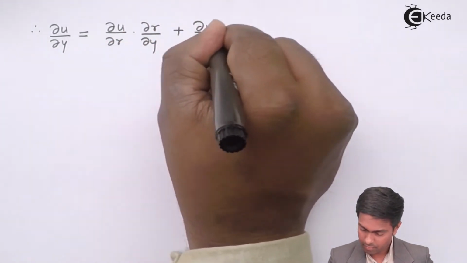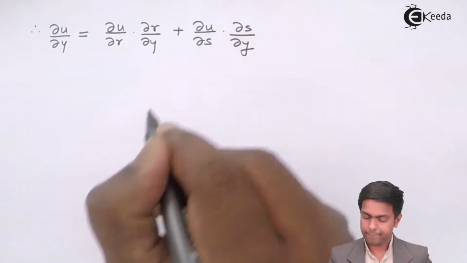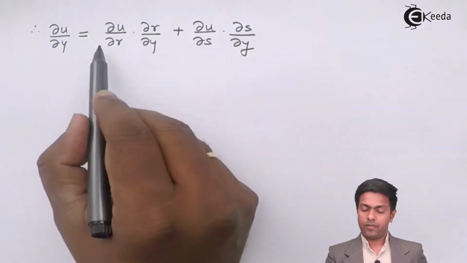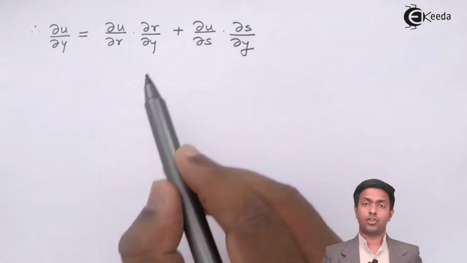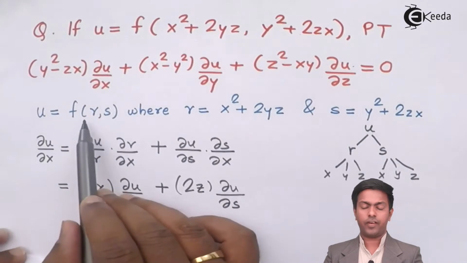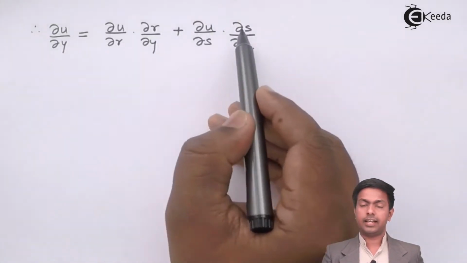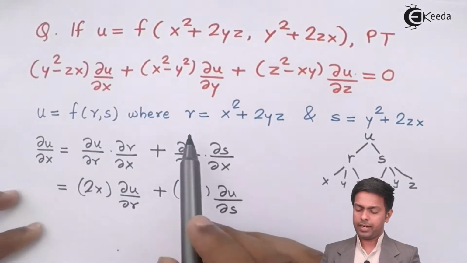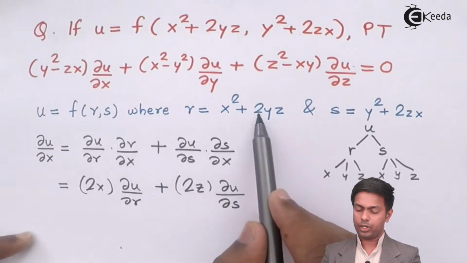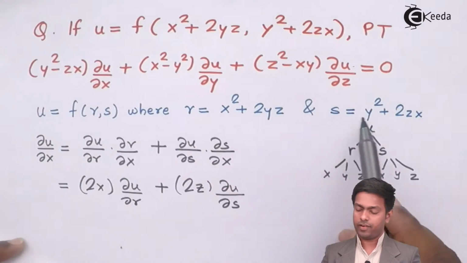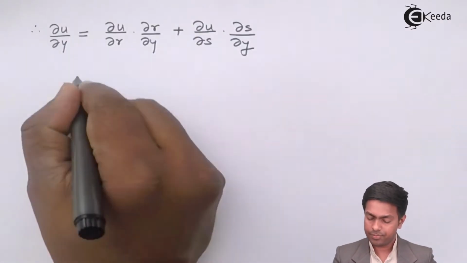Now let's find the values. The values of del u by del r and del u by del s are not possible because u is not defined. We'll find del r by del y and del s by del y. So del r by del y will be 2z and del s by del y will be 2y. So here I'll write down.